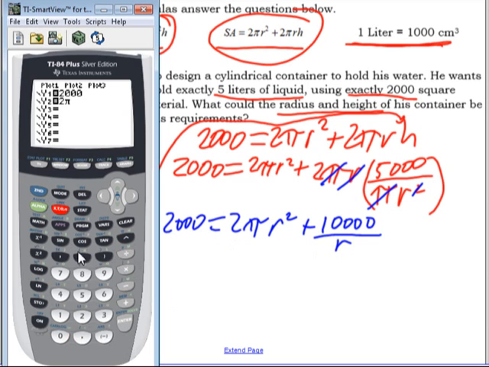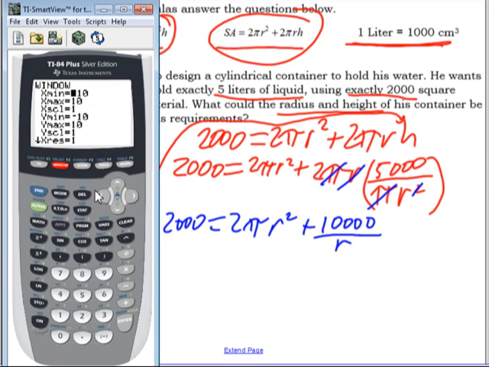I'm going to use x instead of r because that's the variable your calculator likes. And now I want to see when those two things are equal. Now before I graph that, I need to think about my window, what the possible values could be.